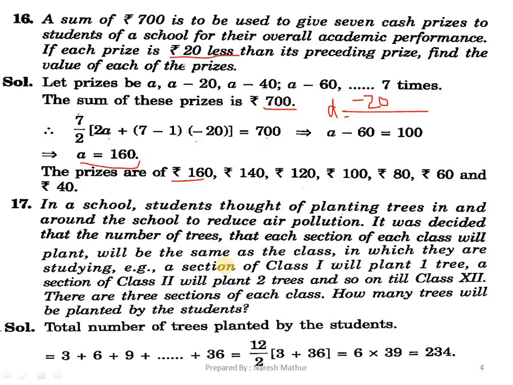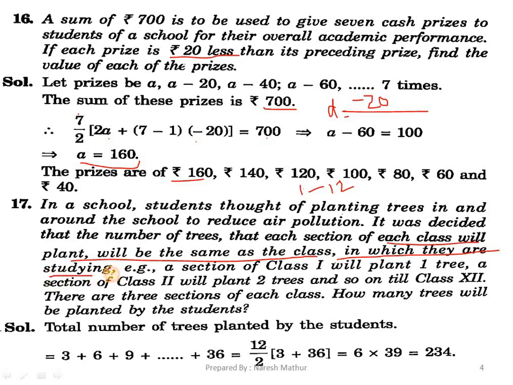So question number 17 is an interesting one. It is given that in a school there are classes from 1st to 12th and each class has 3 sections. The students of the class are planting trees, and the number of trees each will plant is the same as the class in which they are studying.